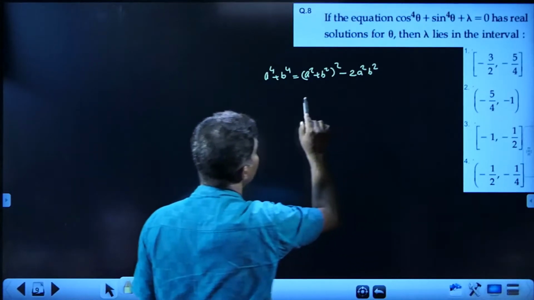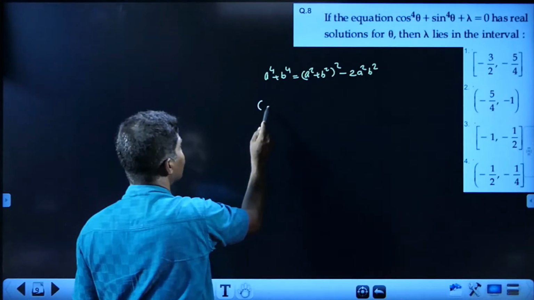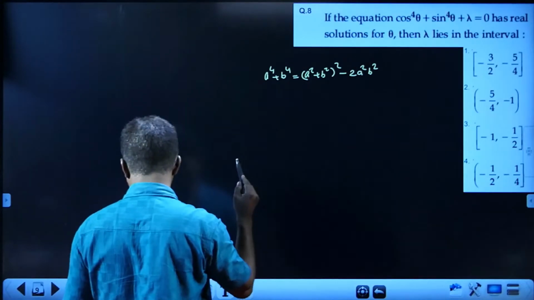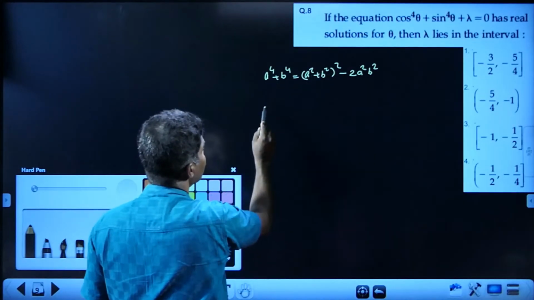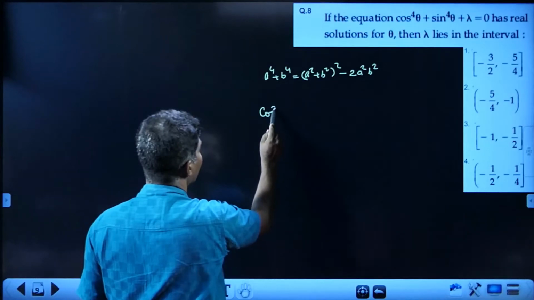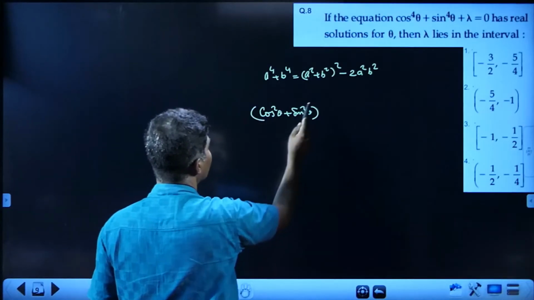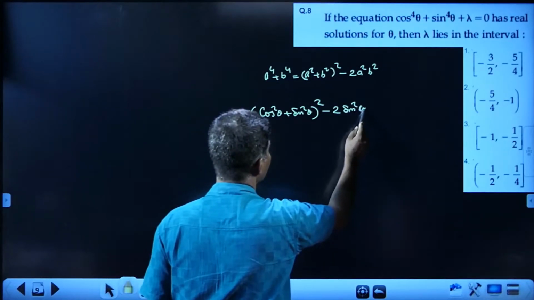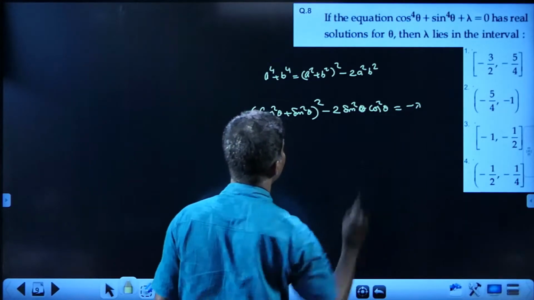So the expression can be written as cos square theta plus sin square theta, that is actually 1, the whole square, minus 2 sin square theta cos square theta, that is equal to negative lambda.